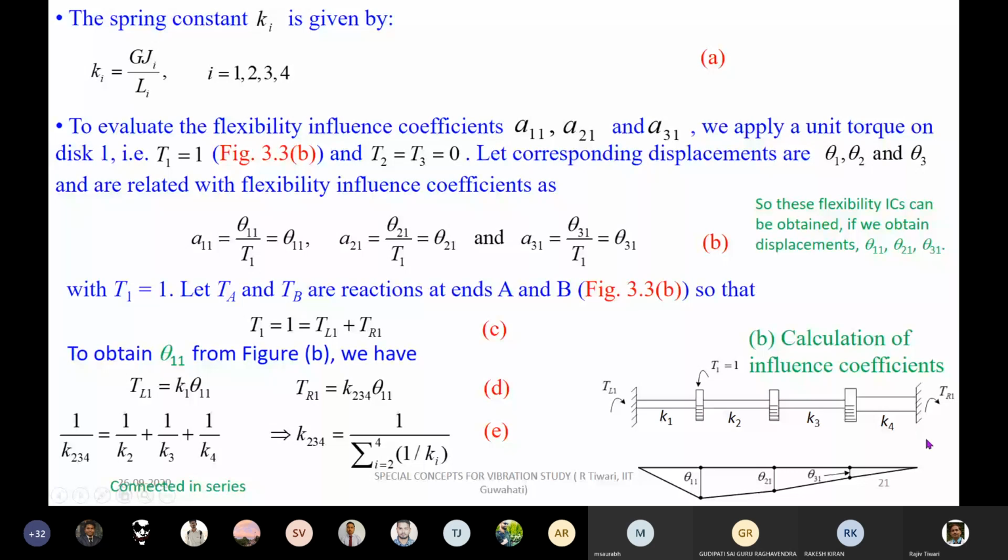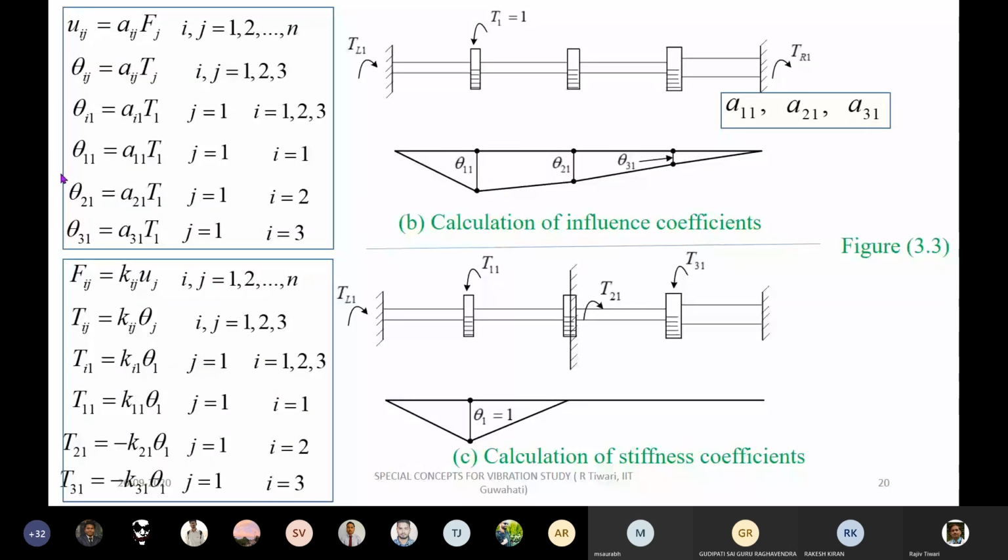Now we are applying torque T1 equal to 1 here, keeping the other torques at disks 2 and 3 at 0. In the previous slide, the influence coefficients we defined can be arranged like this. These three can be used to obtain A11, A21, A31.